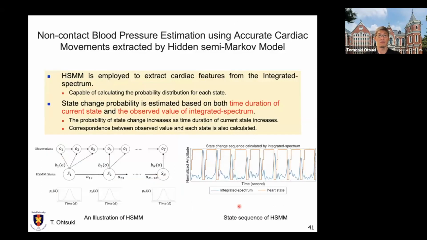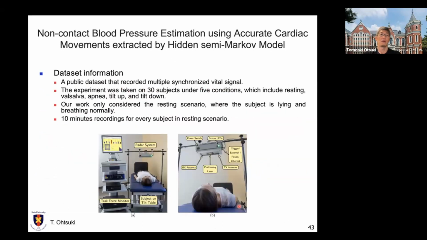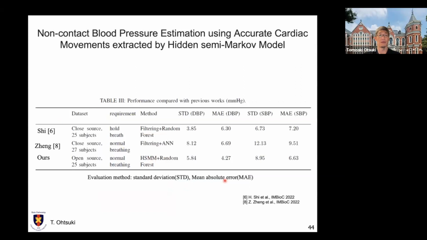For some details, please refer to the paper. Using a well-known data set like this one, we evaluated our performance. Here the radar is a CW radar, Doppler radar. And here are the results.